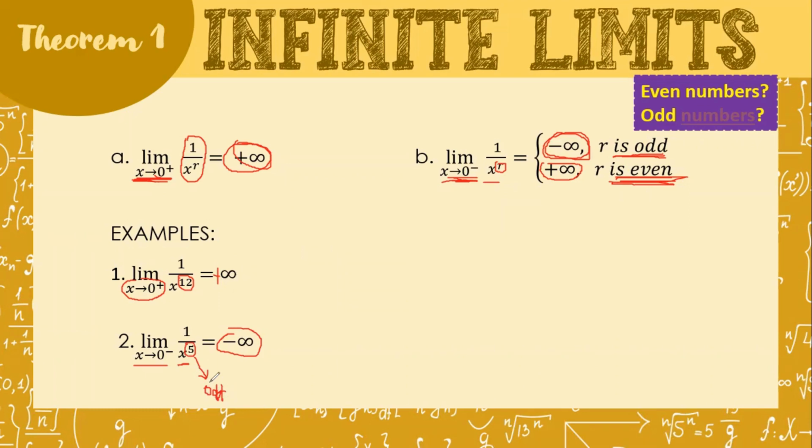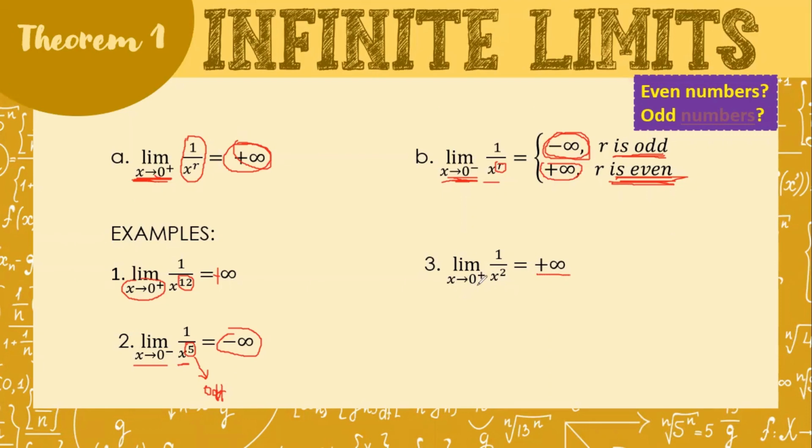Now let's have another example. For number 3, we have the limit of the function 1 over x raised to 2 as x approaches 0 plus, or to the right. The answer here is positive infinity because the approach of your limit is 0 plus, or to the right.